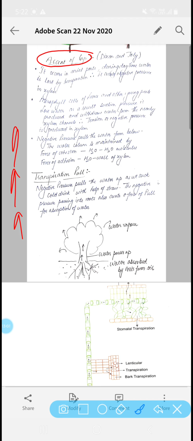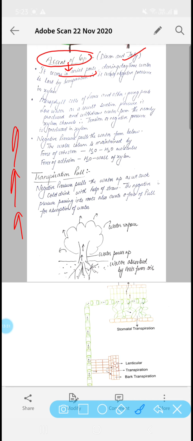So in this topic, we will study how the minerals move upward to the aerial parts. So ascent of sap is the phenomenon which takes place in the aerial part, and this ascent of sap theory was given by Dixon and Joly. So this question is asked in your competitive exams.